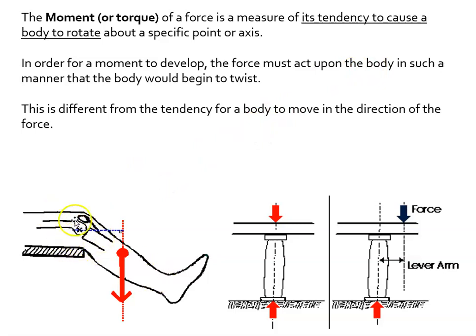So here is a knee and a foot, and if this foot were stretched out and weighted, there would be a tendency of it to rotate about the knee. Depending on this distance right here, that would influence the magnitude of that moment, how far away that weight is. Is it weighted right here at mid-calf, or is it weighted down here at the ankle?